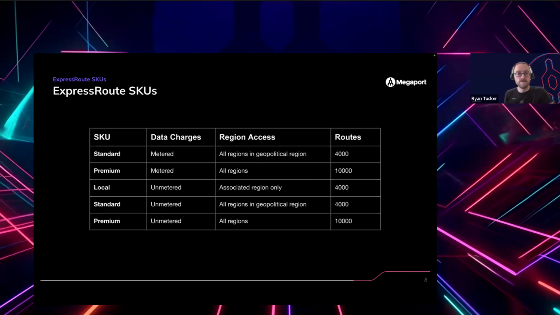Do you need to have many routes advertised from on-prem into Azure? Or what kind of data are you going to move? Are you going to move heaps and heaps of data? And do you get to the break-even point where you'd be better to pay the significant additional cost per hour for unmetered because it'll cost less than the actual usage charges due to the amount that you're moving around?